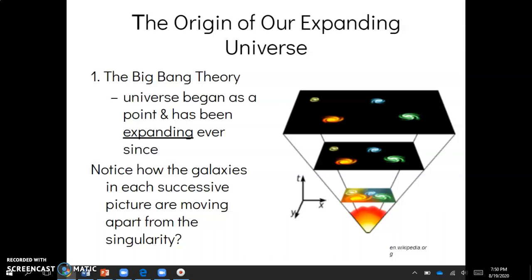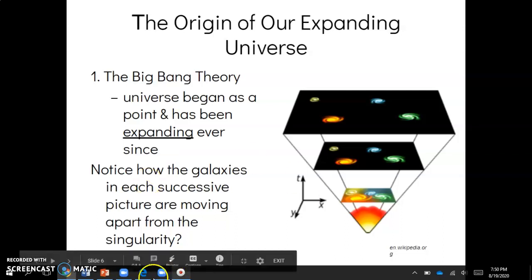And as time goes on, we are moving further and further away from where the Big Bang started. Scientists even believe that one day our galaxy is going to run into another galaxy called the Andromeda Galaxy. But that won't happen for a really long time. We won't be alive when it happens.